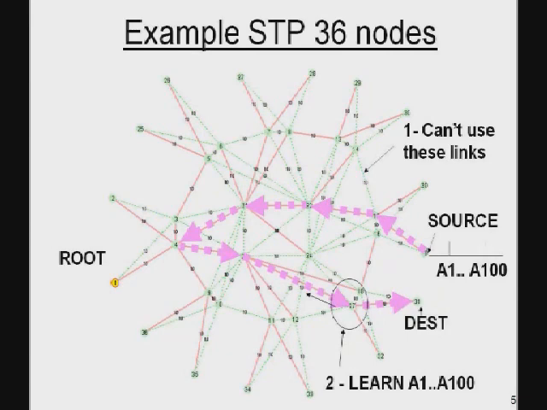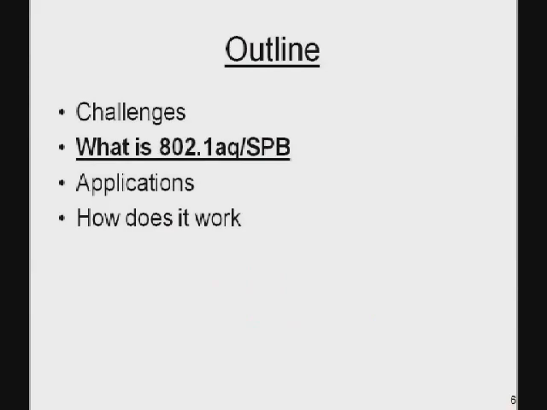I can't physically use all of the links in this network. That's not ideal. The path from the source to the destination over there on the extreme right goes all the way up that tree and all the way back down again, so that's not ideal. And thirdly, all of the addresses off on the source, hanging off that source node, have to be known by all of the devices all the way up the tree and back down again. So these are not ideal properties for a lot of applications.